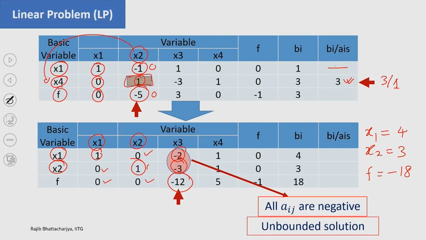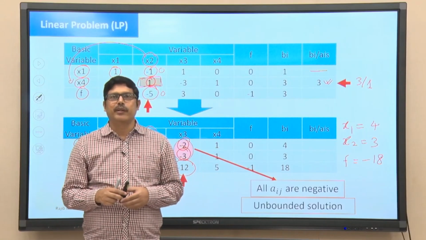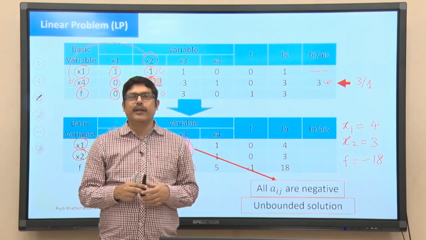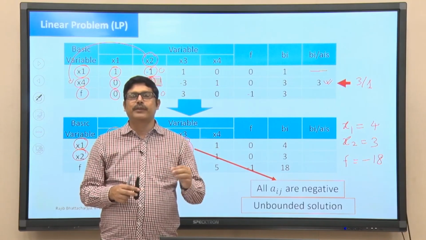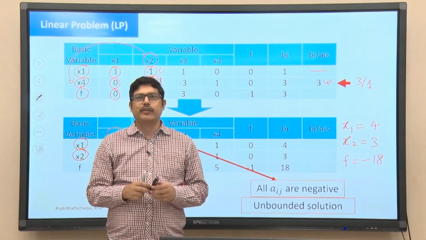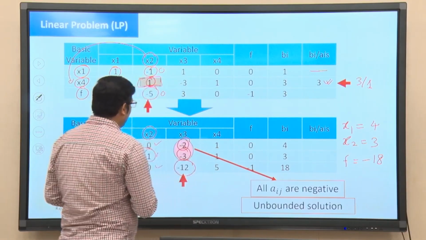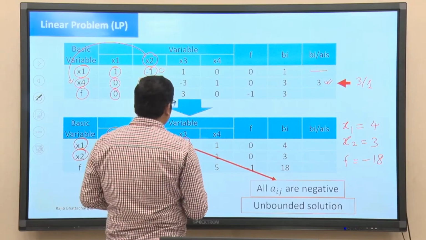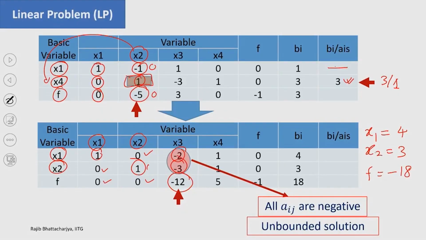So, this is an unbounded solution. Okay. So, you can go up to infinity, because the coefficients are negative and the coefficient in the objective function row is also negative here. So, in that case you can go up to infinity. So, therefore, this is an unbounded problem, that is, an unbounded solution.